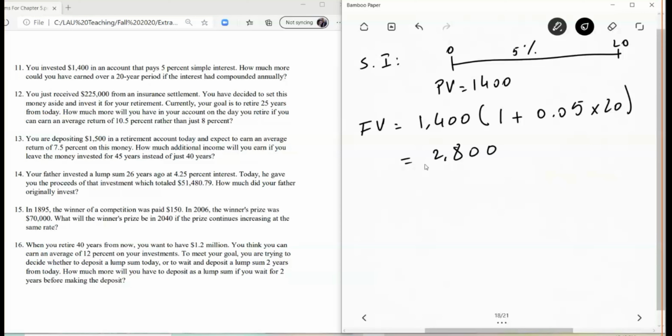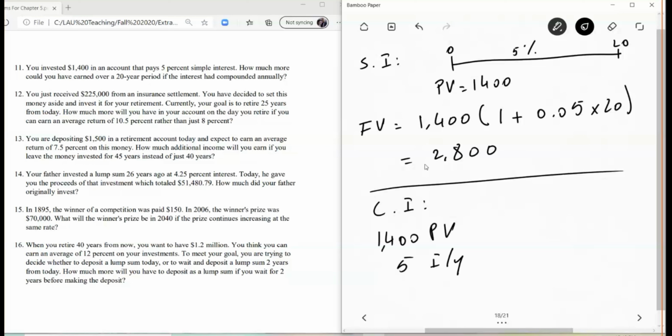Now, using the compound interest, I have PV is 1,400, 5 is IY, 20 is N, and I compute FV.